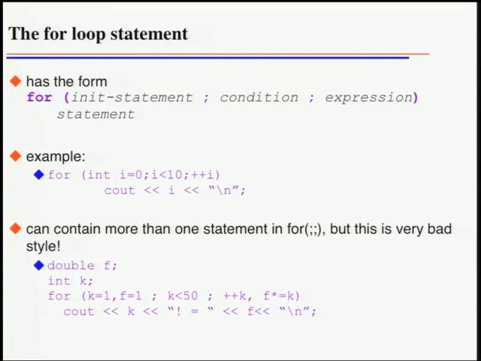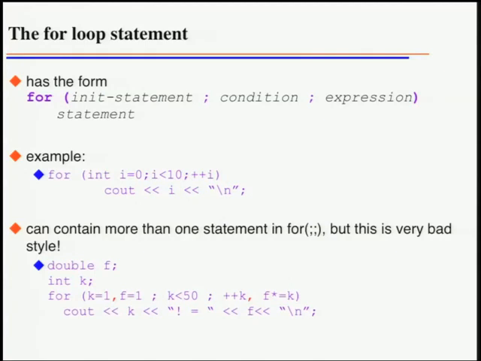You declare a loop counter integer I, which is initialized to 0. The loop is executed as long as I is less than 10. And at the end of each loop iteration, the I is incremented by 1. So this will output the numbers from 0 to 9.